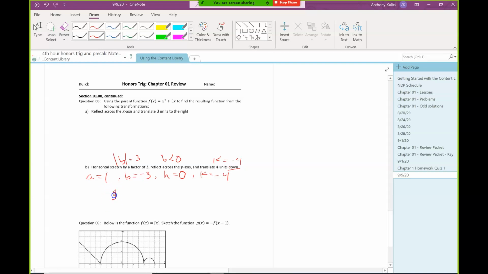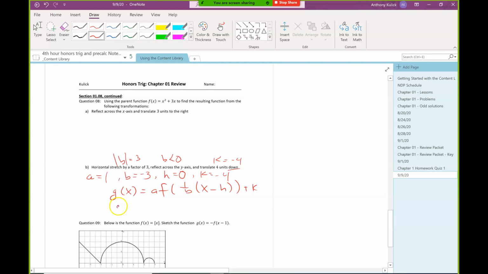So now I'm going to use that general transformation, g(x) equals A times f of (1 over B times (x minus H)) plus K, and fill in the values for A, B, H, and K into this. You okay with that?